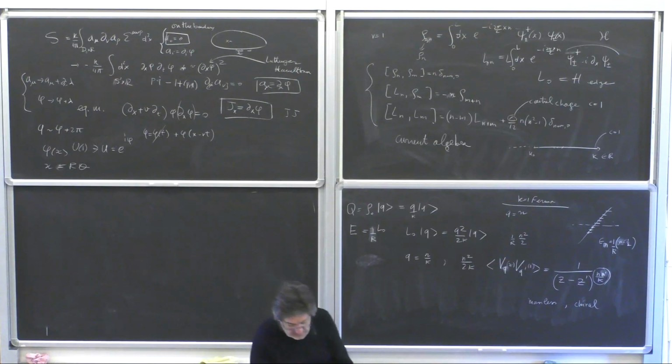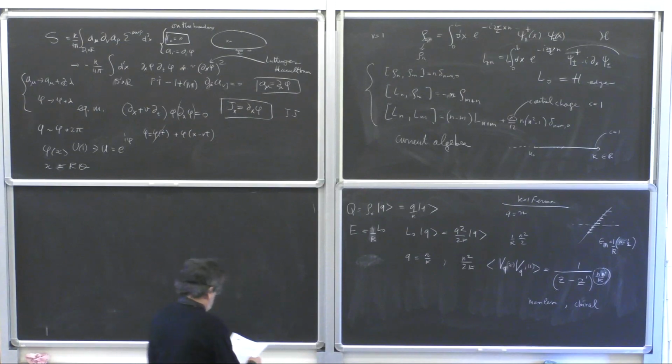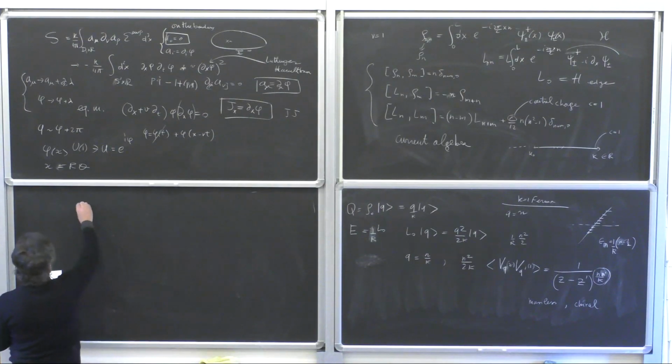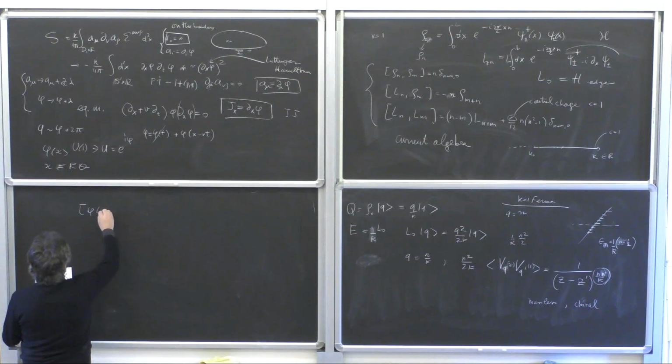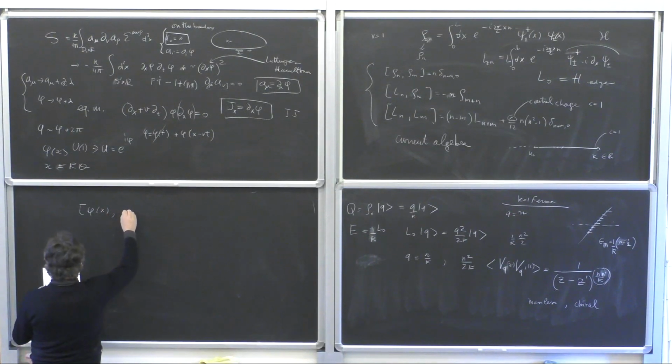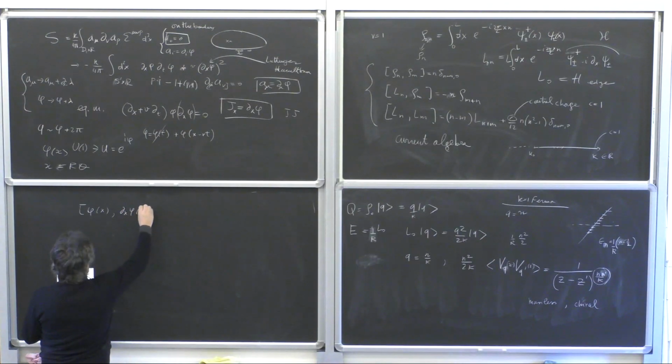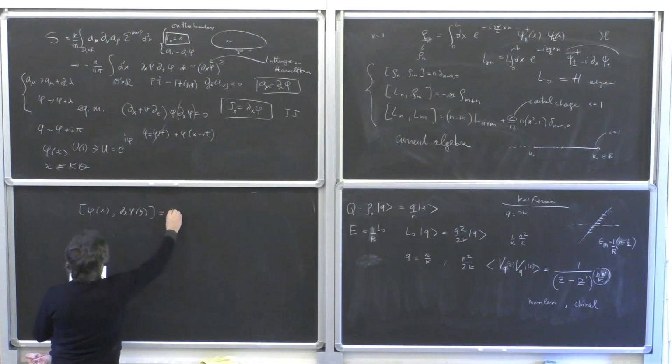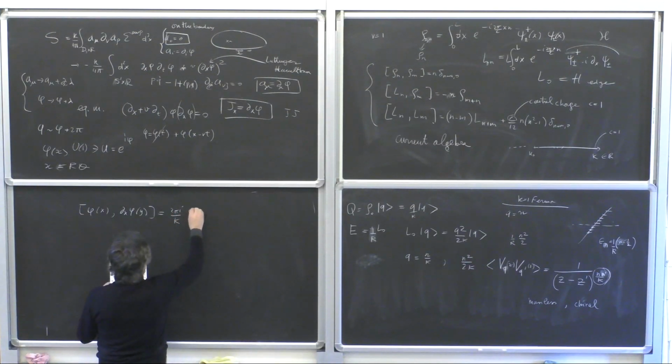So you can work it out. The commutation relations are going to be phi of x, dx phi of y equal to 2 pi i over k delta of x minus y.